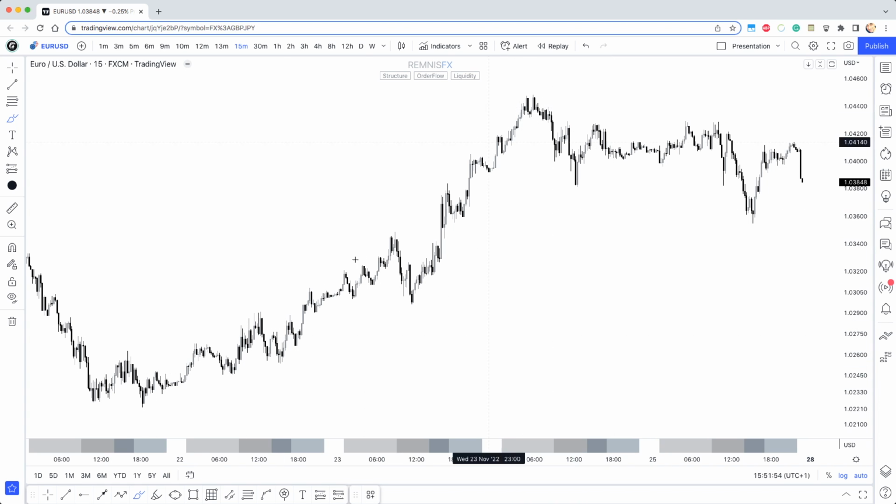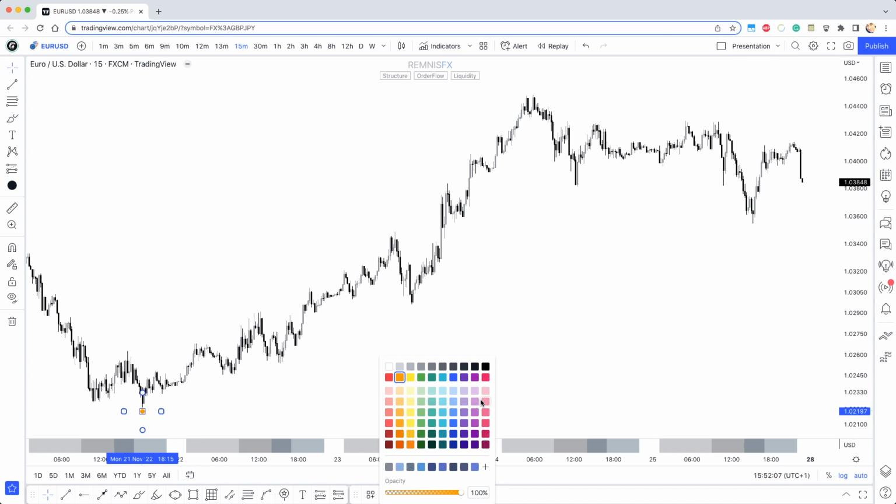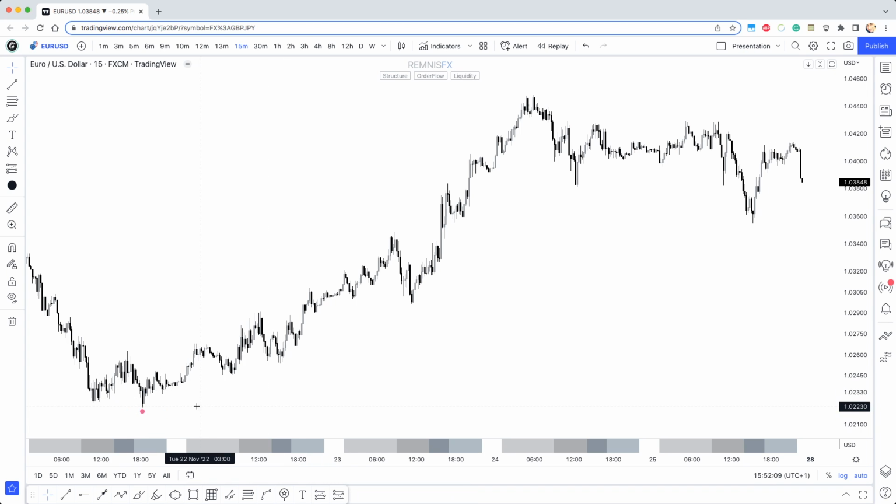Just by looking at this, I can immediately identify this. Pardon me, let me use a bigger dot like that, and let's give it a red color. So I start my structure mapping from this point on.